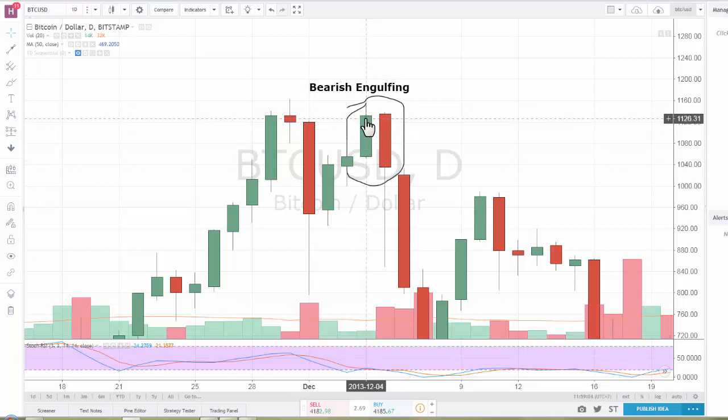So you could fit the green candle inside this red candle. It opens a little bit above the closing price of the previous candle, and it closes below it, and for even more confirmation it closes below the previous candle's open. So this is a very bearish signal where you should consider selling.